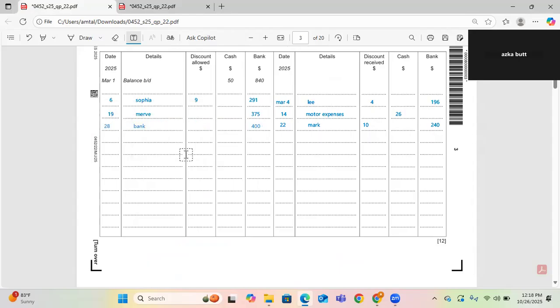So it is like we withdrew this amount. It means that the $400 is debited to cash, when we withdraw this $400 from the bank account.